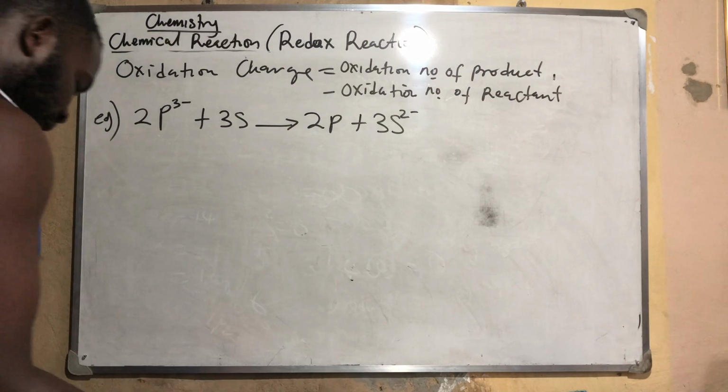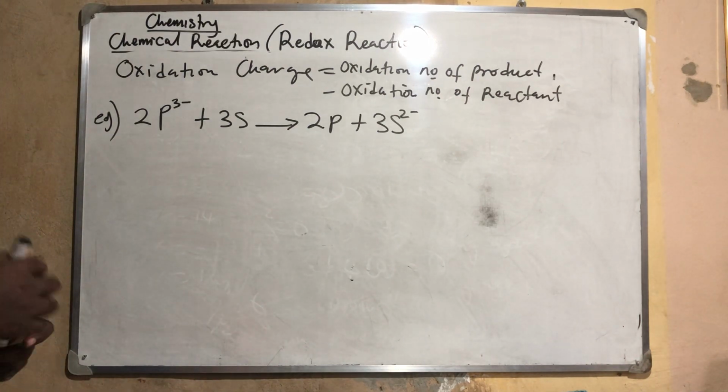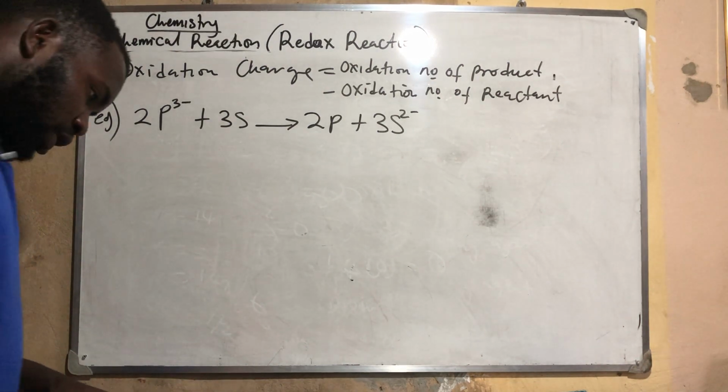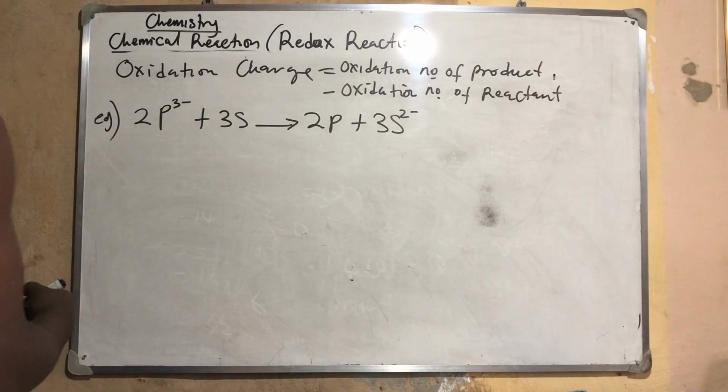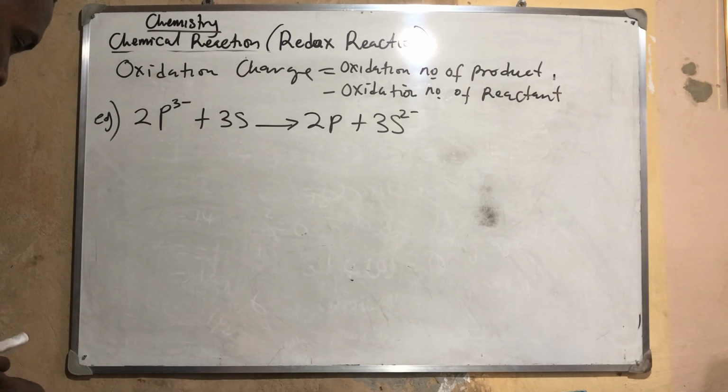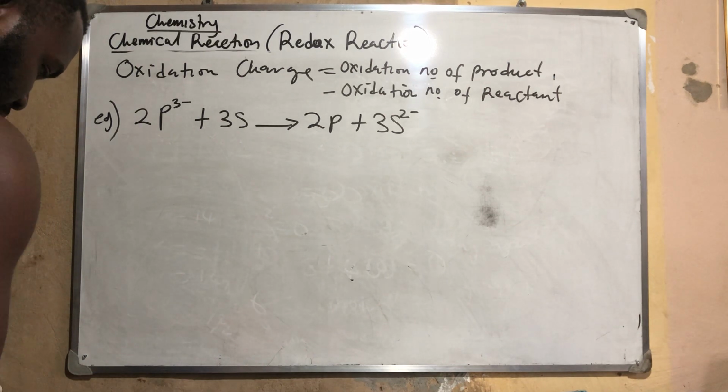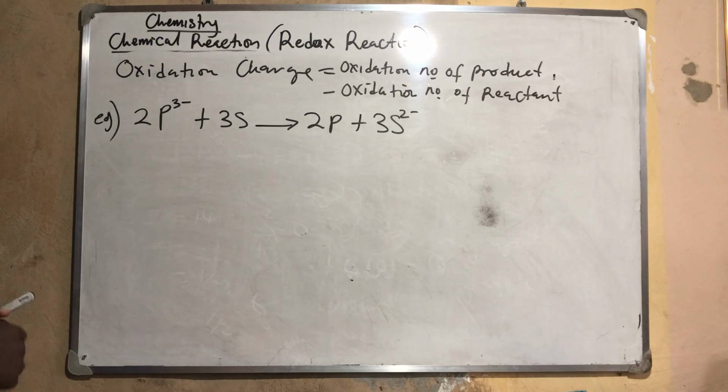Then I say determine the following: number 1, oxidation; number 2, reduction; number 3, oxidizing agent; number 4, reducing agent; number 5, oxidation product; number 6, reduction product. So what do we do here?